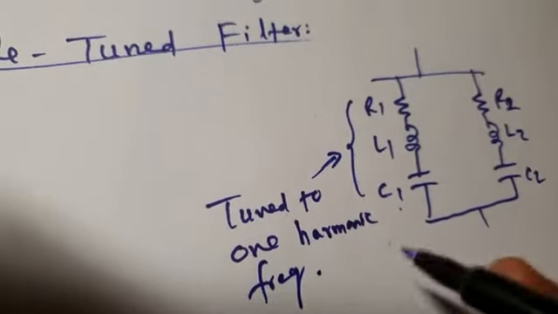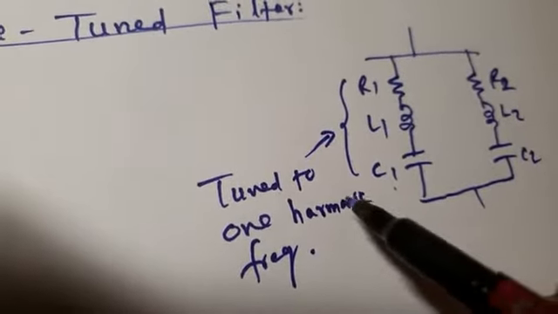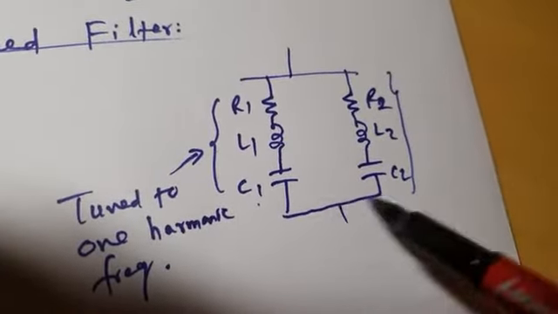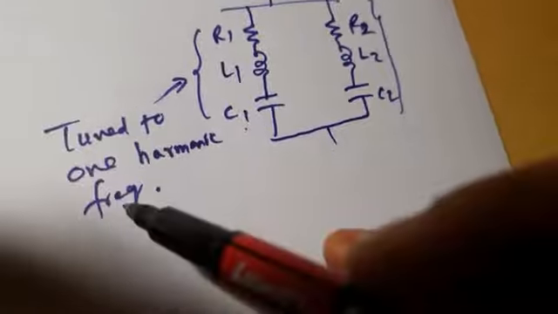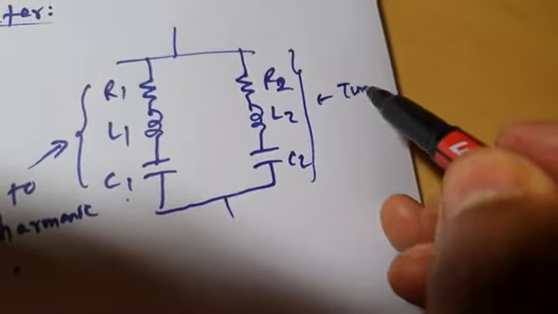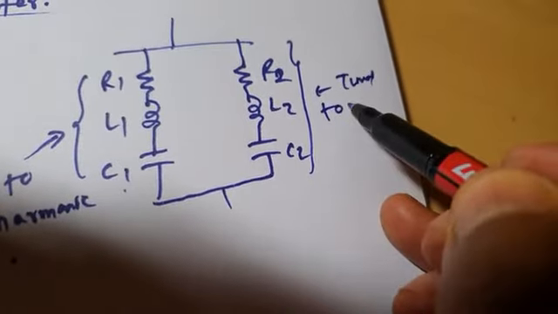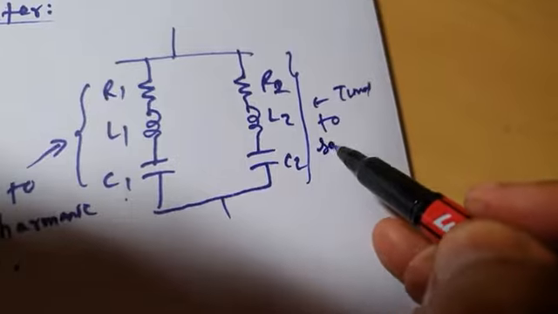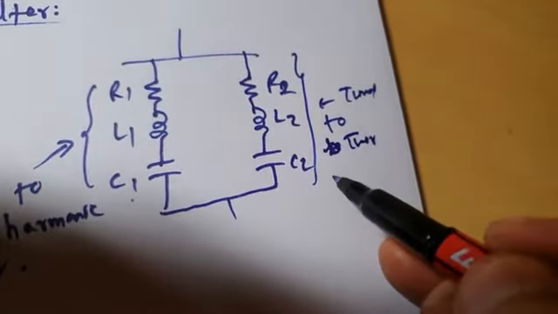Let us suppose for a 6 pulse converter, it is tuned to the 5th harmonic frequency. Your double tuned filter comprises two single tuned filters. This is tuned to one harmonic frequency, and this is tuned to the other harmonic frequency.